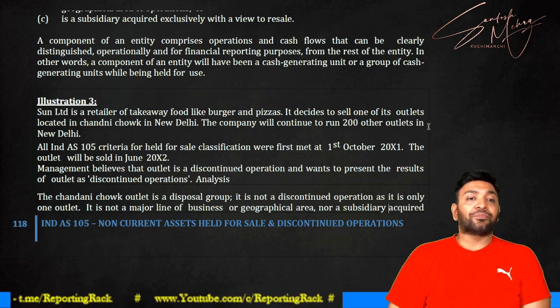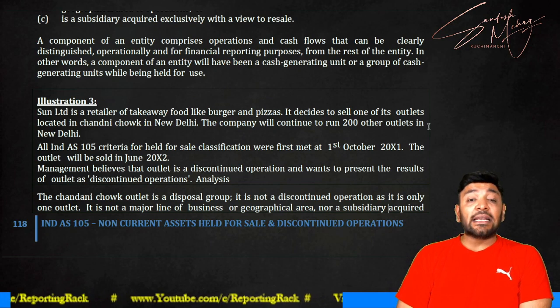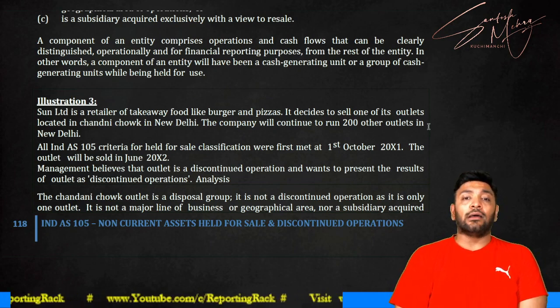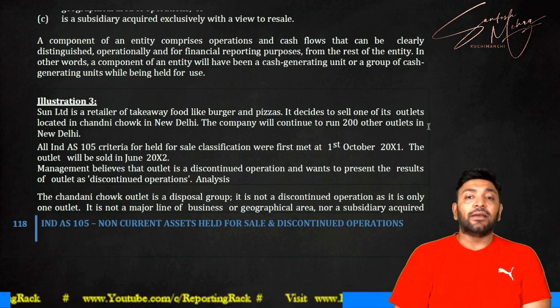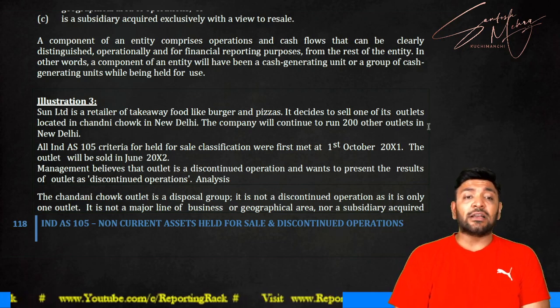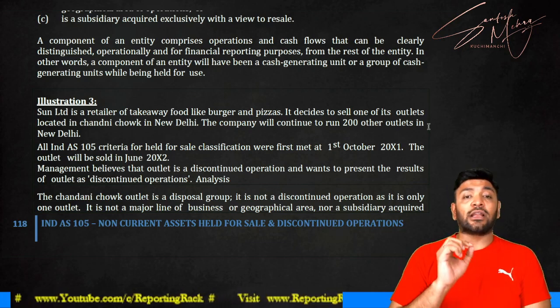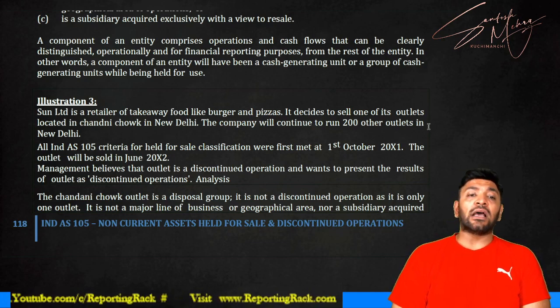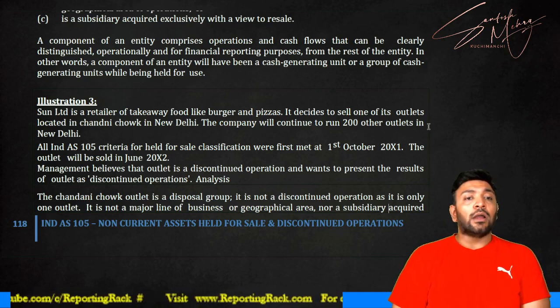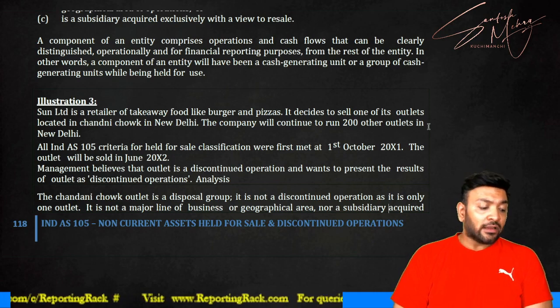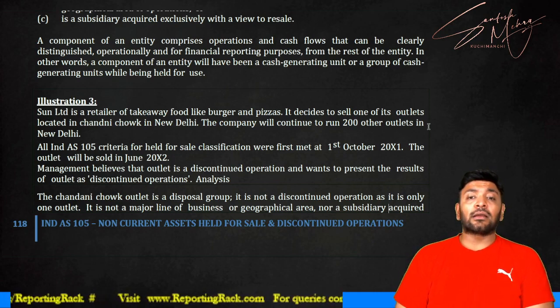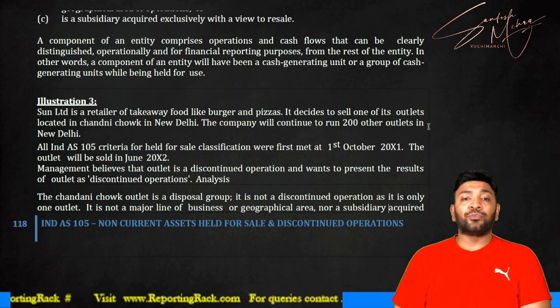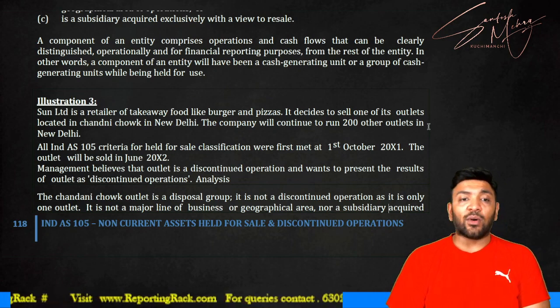Third illustration. Sun Limited is a retailer of takeaway food like burgers and pizzas. They decided to sell off its outlets located in Chandni Chowk in New Delhi. The company will continue to run 200 other outlets in New Delhi. As per IND AS 105, the criteria for held for sale classification were first met on 1st October 2021.